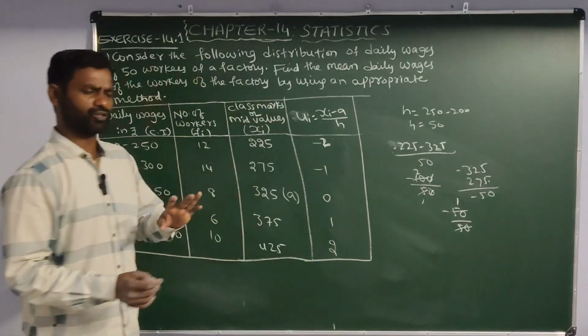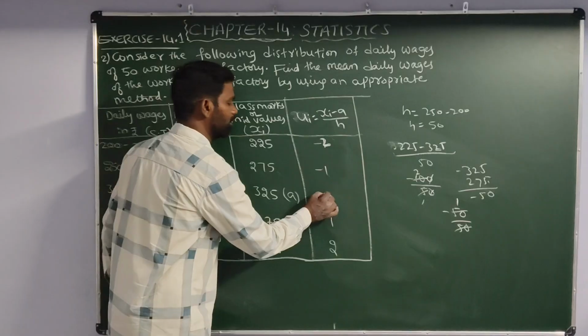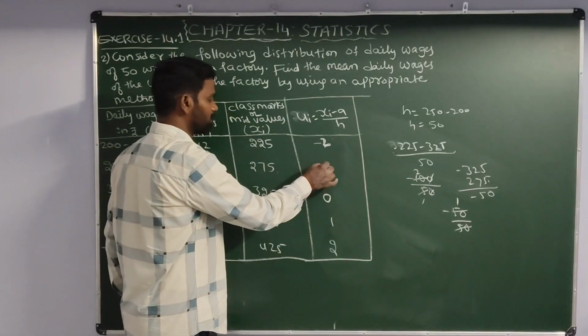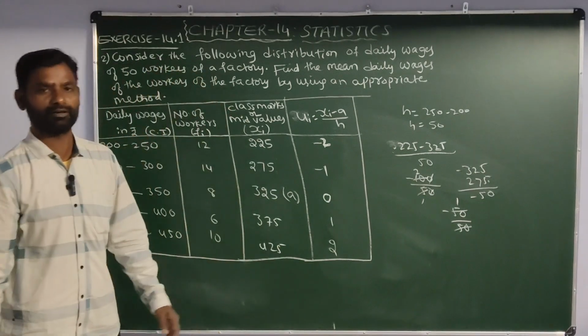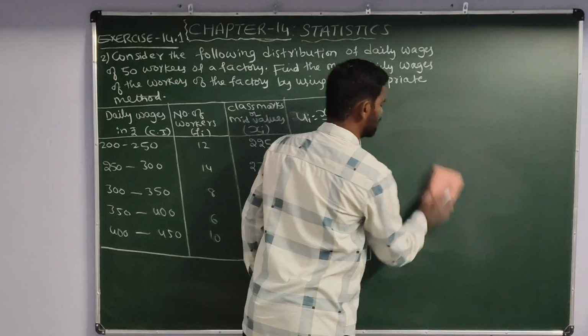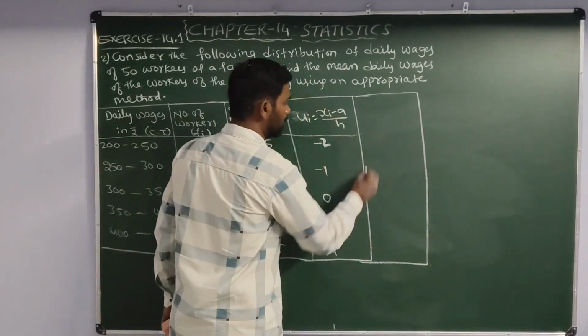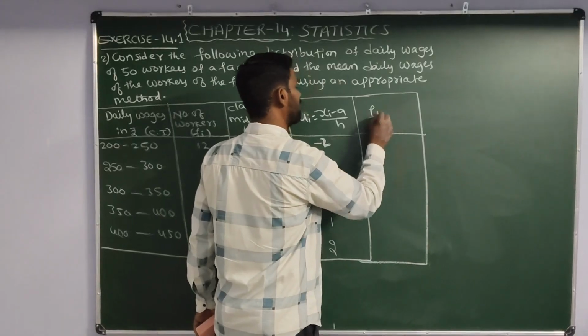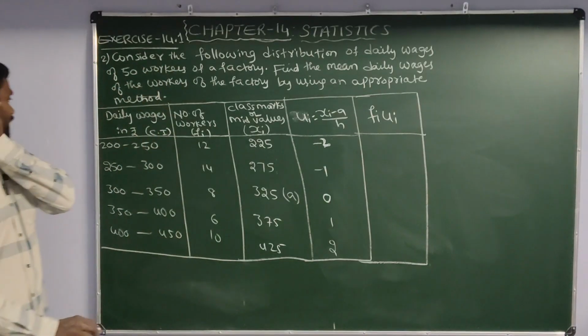Or simply you have to keep in your mind that if you assumed any value there, you take that as 0, above that minus 1, minus 2, and below the 0 you take plus 1 and plus 2. Here the next column you have to draw is Fi Ui. Where are the Fi's?